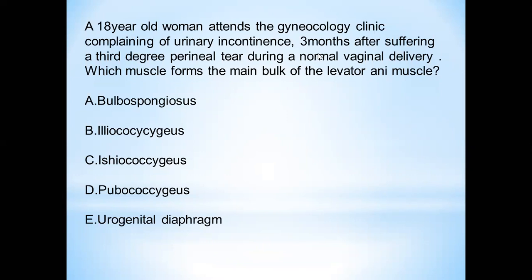Nupur says it's D, pubococcygeus. Rubina says it's bulbospongiosus. Ma'am, I said D, pubococcygeus. Okay. Because A is not included in levator ani. Yes, exactly, that's what I was thinking. Yes, you both are right.